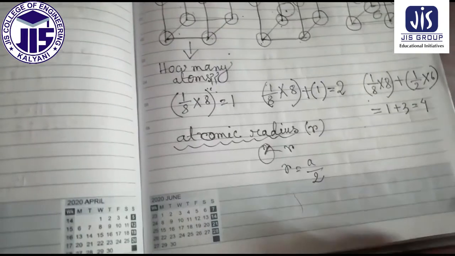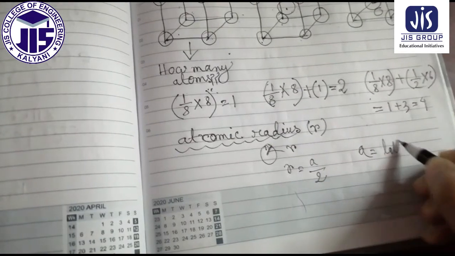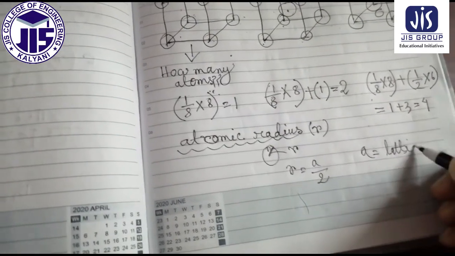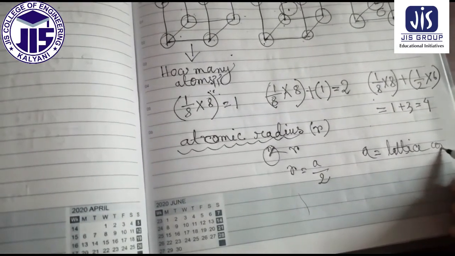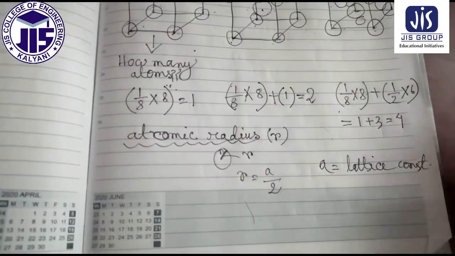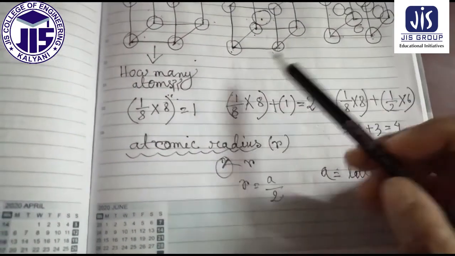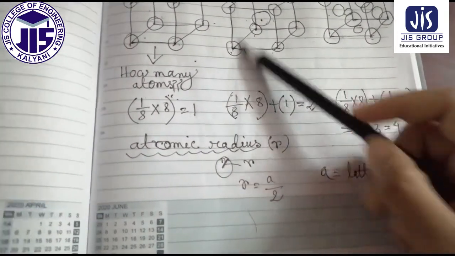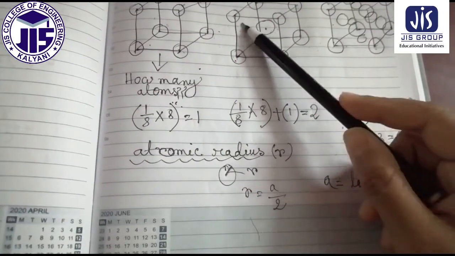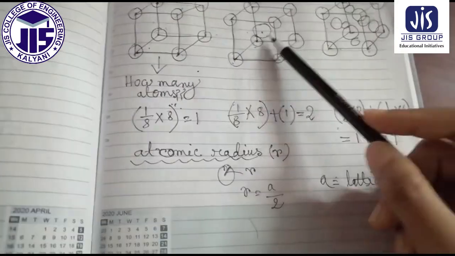Now what is lattice constant? A is called the lattice constant. Okay. So what is A? Now suppose this is the length of the cube.